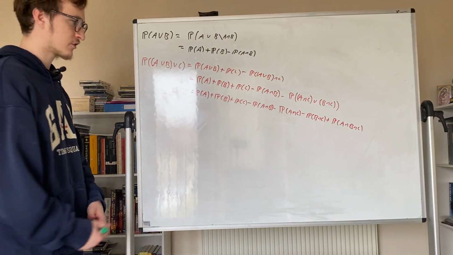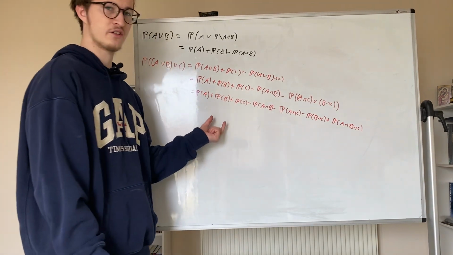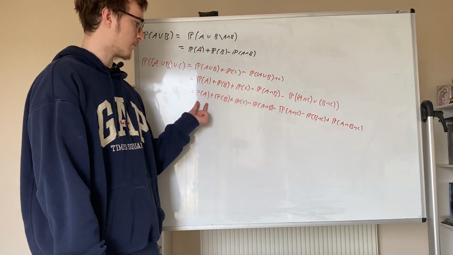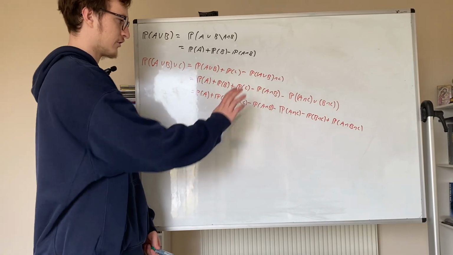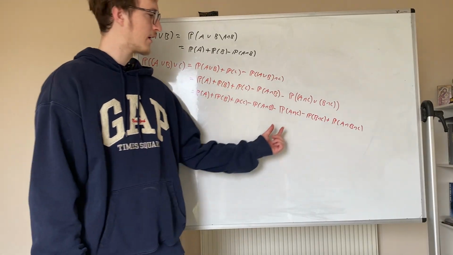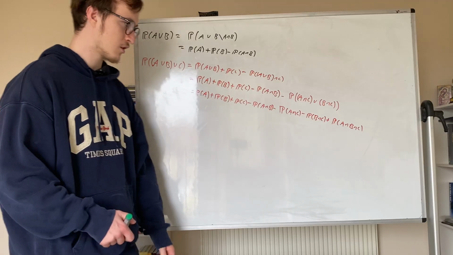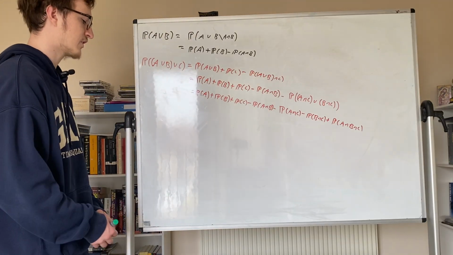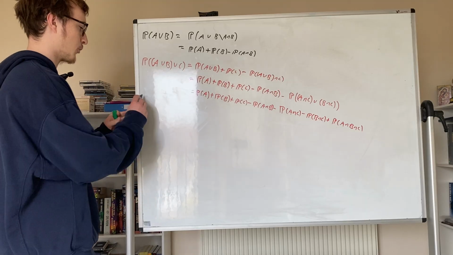So in general, it looks like if we have n sets, we add the probabilities of all of the sets, like A1, A2, up to An, and then we subtract all of the pairwise intersections, and then we add all of the triple intersections, and so on, alternating. That's all well and good, but actually writing this out is a little bit technical.